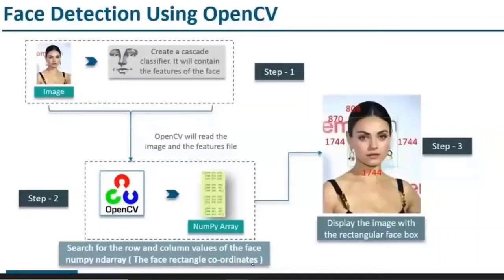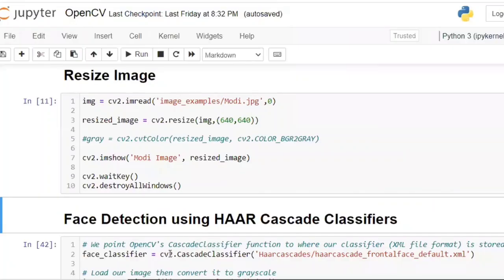Sir, what is this cv2.destroyAllWindows? Destroy all windows means it is going to remove windows. For example, you have opened multiple windows. Here I am sure you have taken only one window. Let us take cv2.imshow, and then one more image with another cv2.imshow. So what happens? Multiple windows will be open.